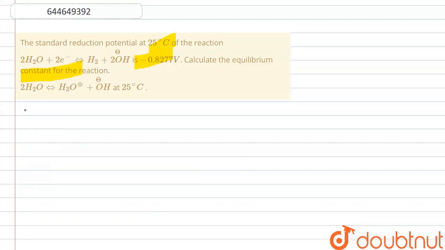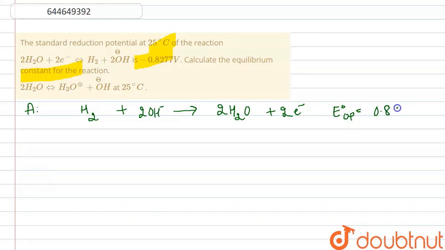So firstly let's write down the reaction which is taking place at anode. So at anode we are having the reaction of H2 reacting with 2OH negative to give 2H2O plus 2 electrons, and the E naught here, that is the E naught oxidation potential here, is 0.827 volt.